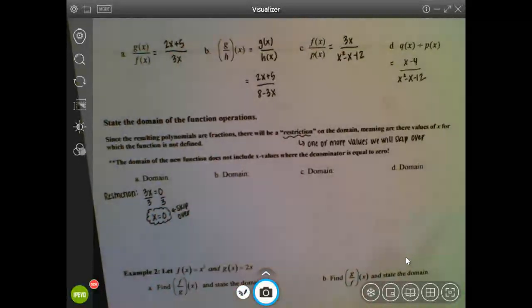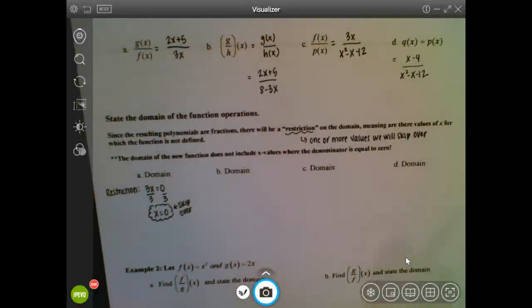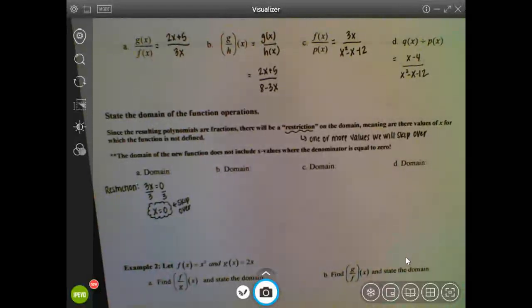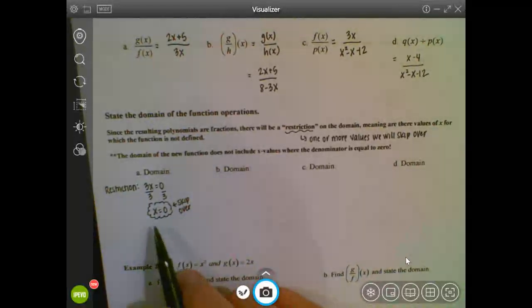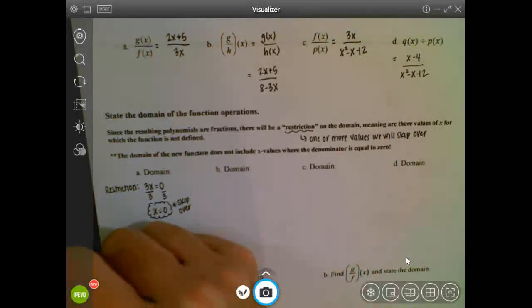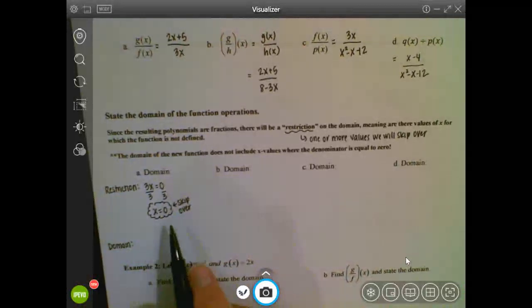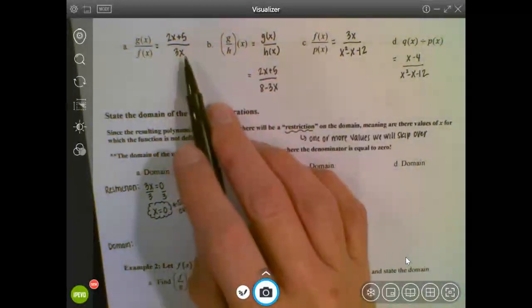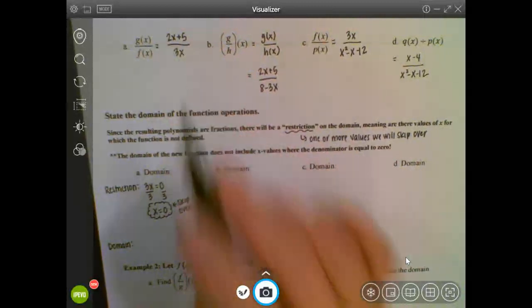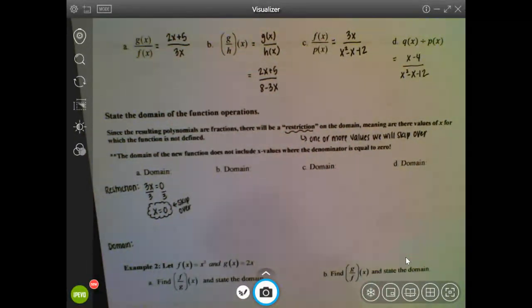And we've talked a lot about domains in terms of graphs, and what that means is that when we skip over the value, this is going to be where we're going to use the union symbol for the domain. So that means that basically the domain of this function could be anything. It could be anything negative or anything positive. It just can't be 0, because if I went to plug 0 back in here, that would give me a 0 in the denominator. We know that we can't have that.